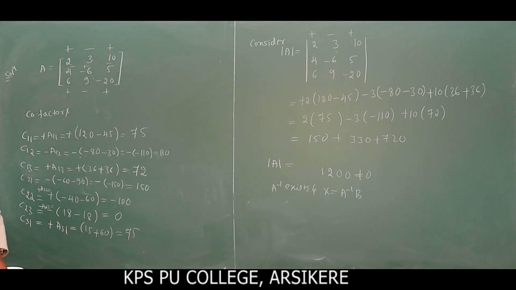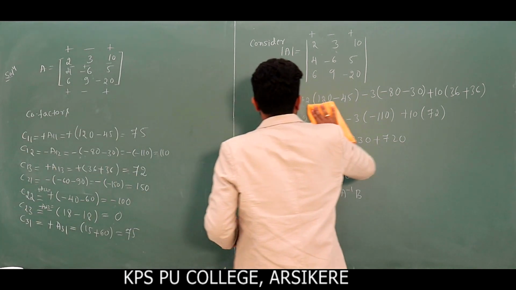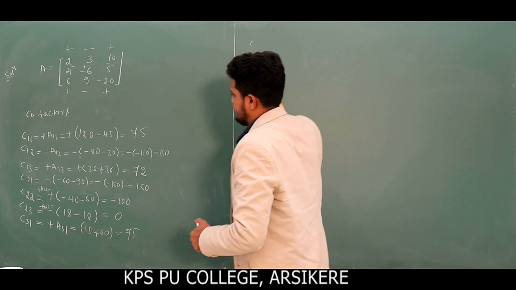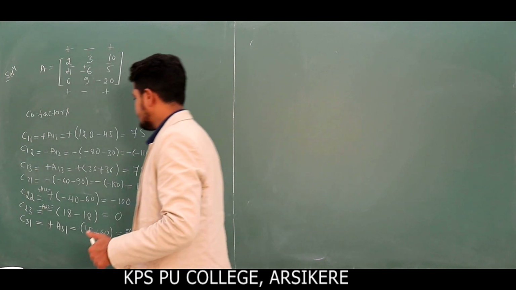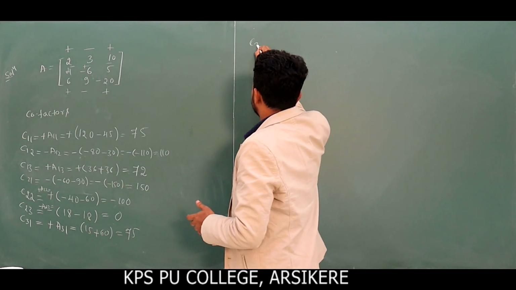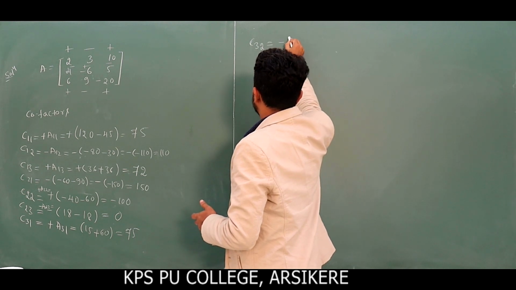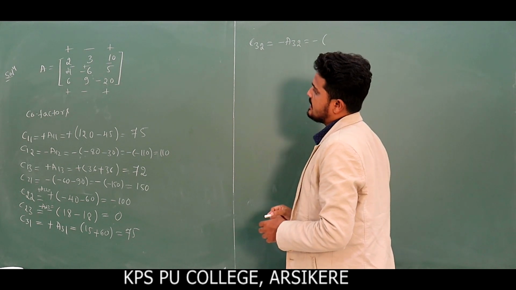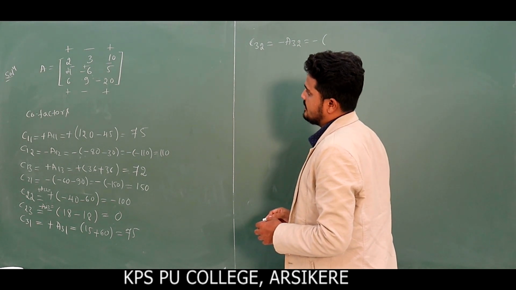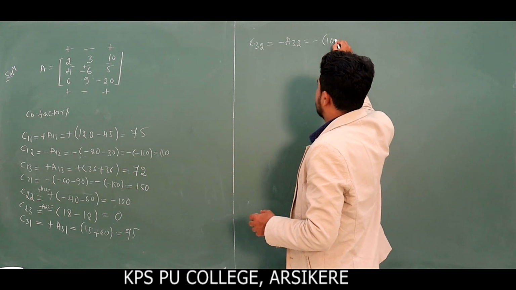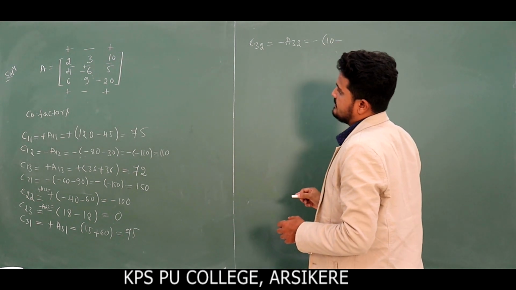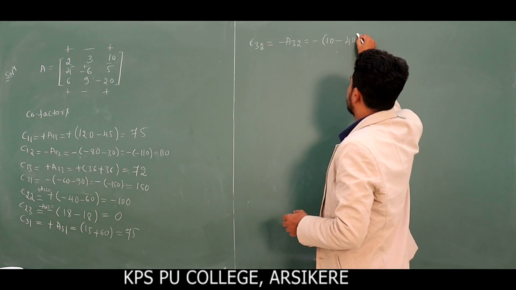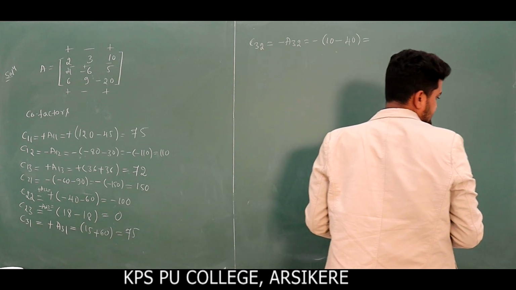Next C32. The sign of C32 is minus, eliminating the third row and second column. 5 2s are 10, minus 4 into 10 is 40, which is equal to plus 30.